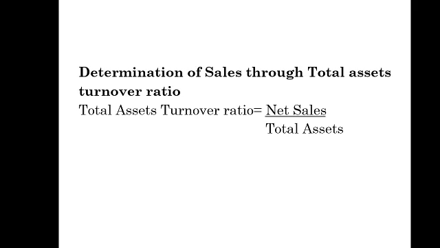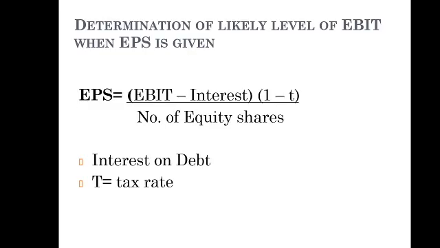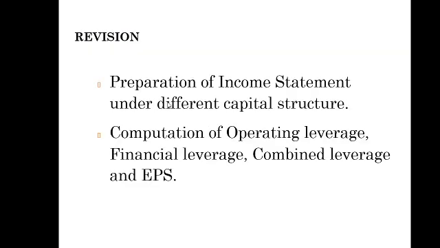From sales, calculate the relevant values: contribution, EBIT, EBT. Next, calculate leverages, and for calculation of the EBIT level, you can use this formula and solve this equation so that you will get the likely level of EBIT. So this is the revision in that case.